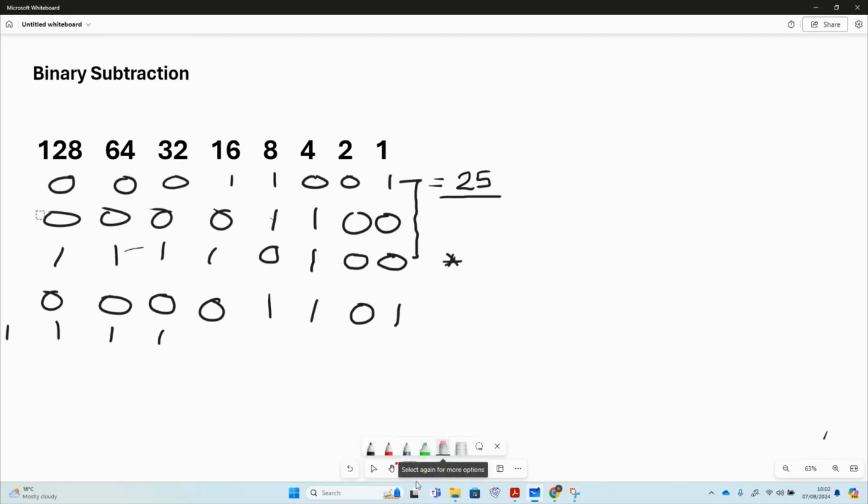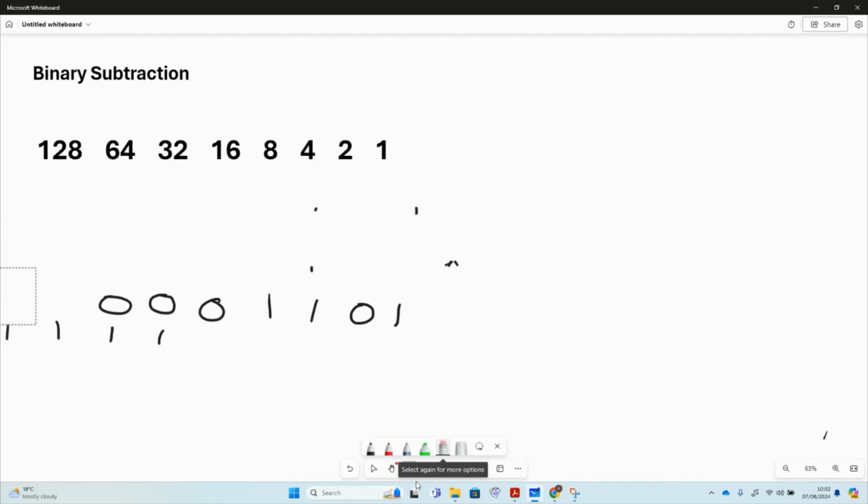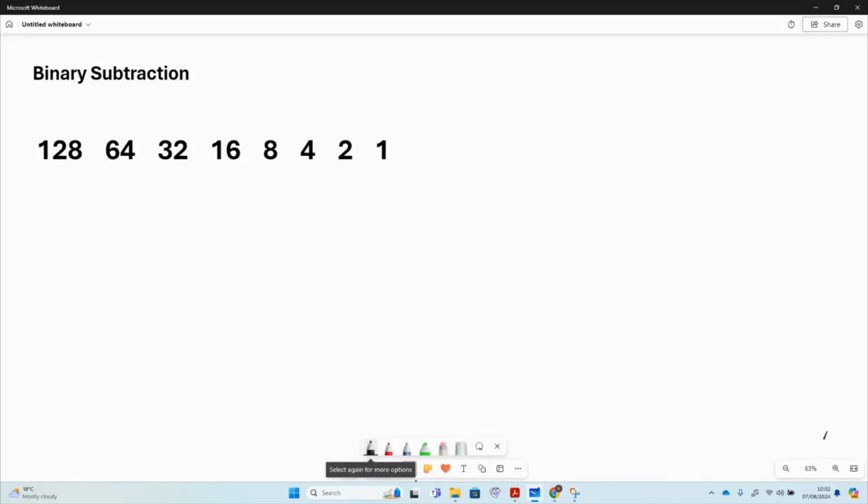Okay, so let's have a go at another one. Just get rid of those and do another one. So the same kind of principle. So let's say that we represent 45, which is 32, an 8, and a 4, and a 1, 45.